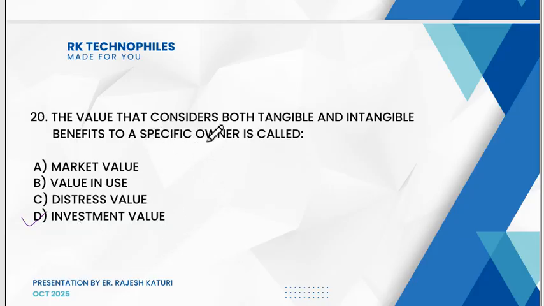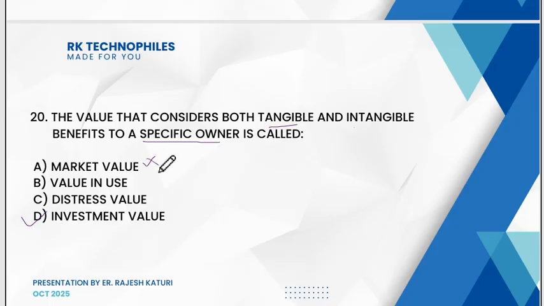The value that considers both tangible and intangible. Tangible means physically it can be measured. Intangible value means like brands and all, brand value and all. So intangible benefits to a specific owner is called investment value. Combinedly, the entire value is called investment value. It is specific owner, so market value does not come into picture.